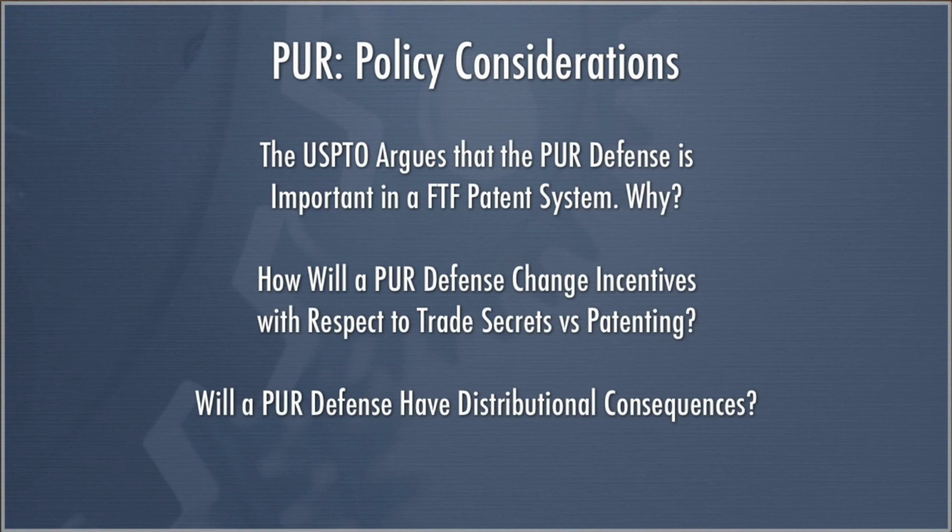And the USPTO argues that it's an important thing to have in the first to file system, because of their view that there are probably a number of companies who ordinarily keep internal manufacturing processes as trade secrets, and that under a first to file system, those companies might be particularly vulnerable to being trapped by somebody who comes along, patents a particular internal process, and then turns around and sues them. This is a way of avoiding that type of unfairness.